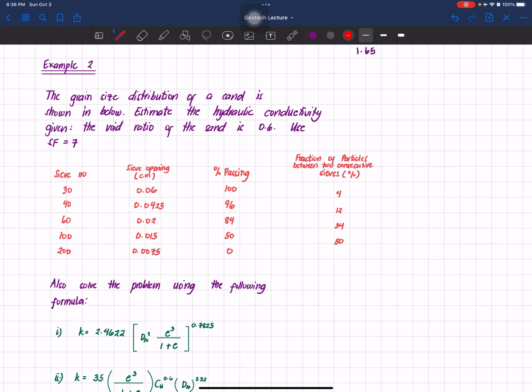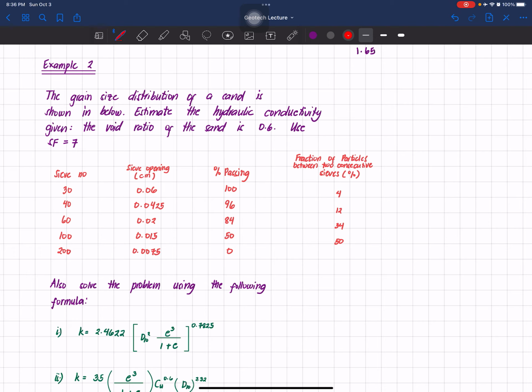So, there's an SF value involved. By the way, what is SF again? That is the shape factor.